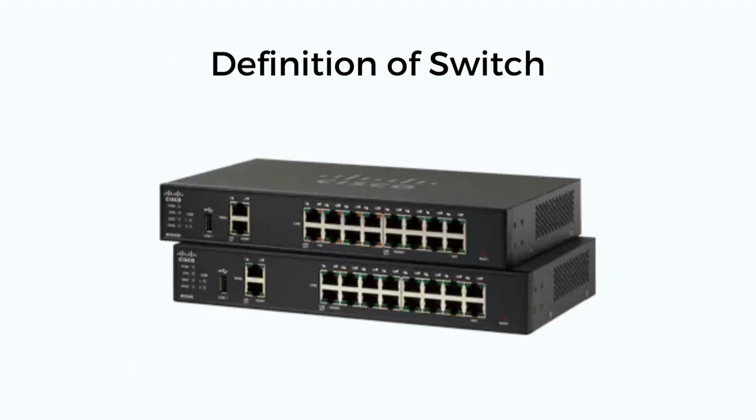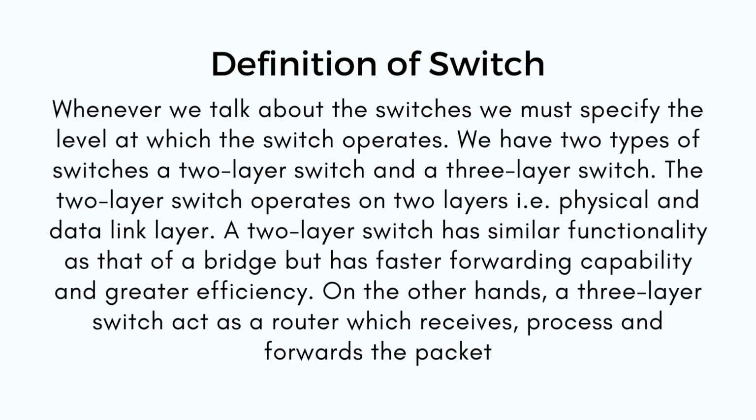Definition of switch. Whenever we talk about switches, we must specify the level at which the switch operates. We have two types of switches: a two-layer switch and a three-layer switch. The two-layer switch operates on two layers, for example, the physical and data link layer.